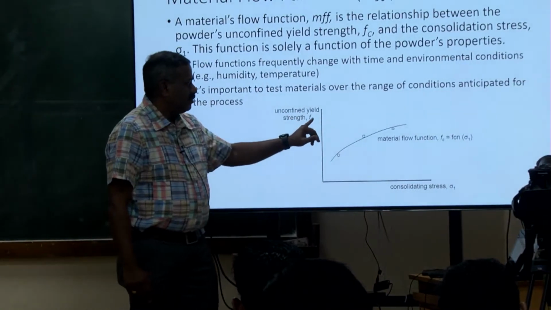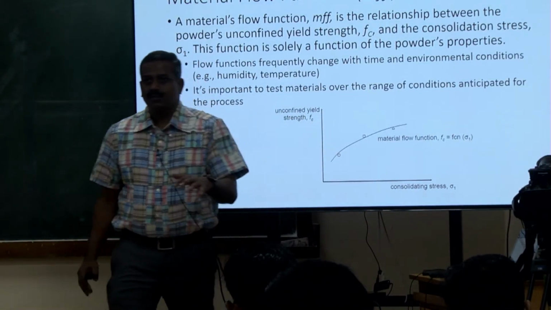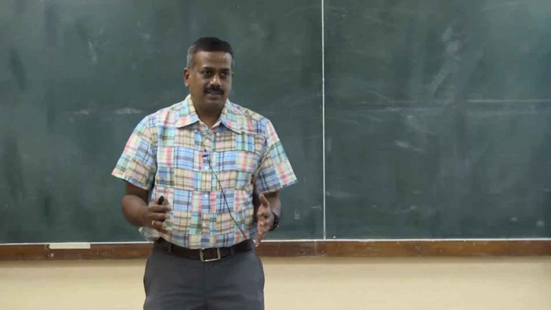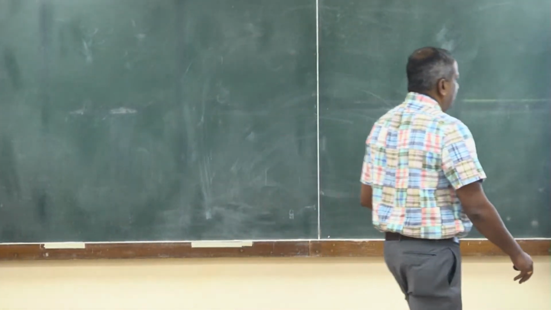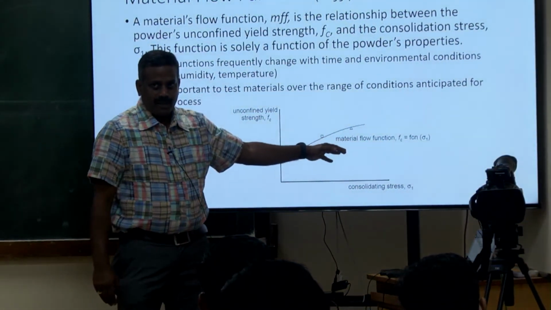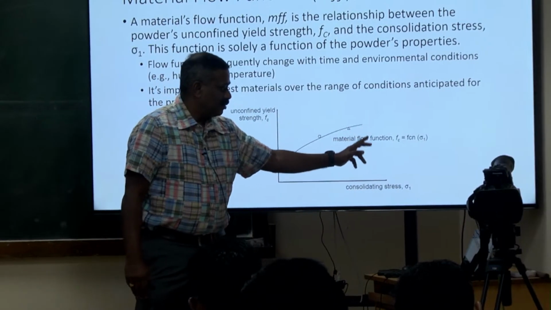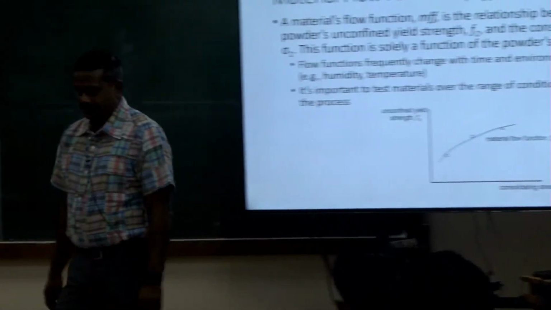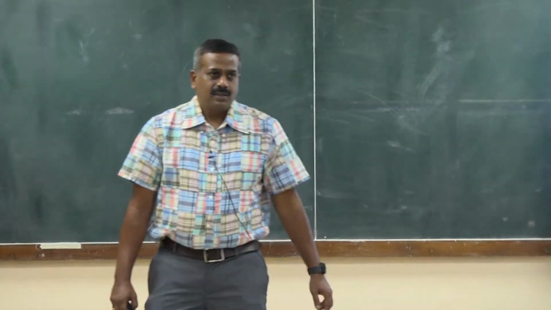And the unconfined yield strength is the stress at which it's breaking or flowing. So at different consolidation stresses, your unconfined yield strength will also be different. For example, if you increase the consolidation stress, then the unconfined yield strength will also be higher. It's clear.